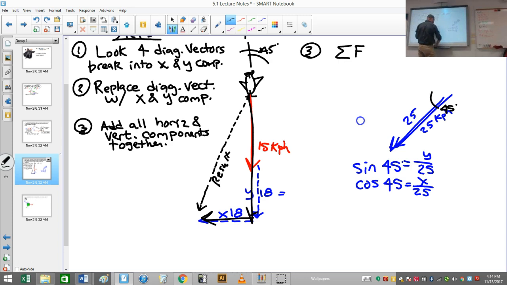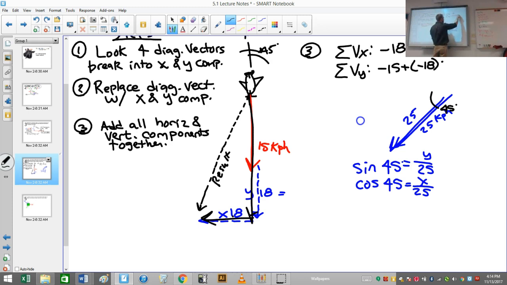I'm sorry, not forces. In this case, these are velocities. Add up all the velocities in the x direction. There's only one in the x direction, and it's negative 18. Add up all the velocities in the y direction. Negative 15 plus negative 18. Negative being down. So negative 15 plus negative 18 comes out to be negative 33.